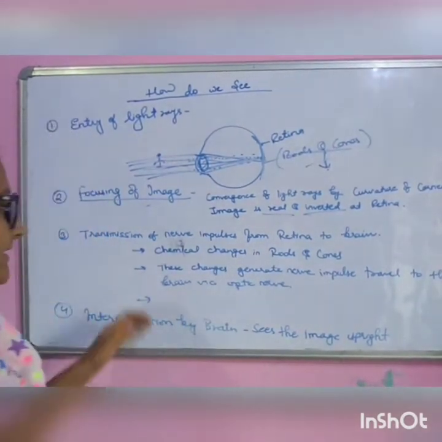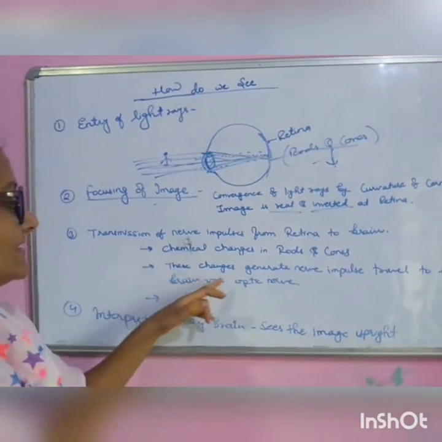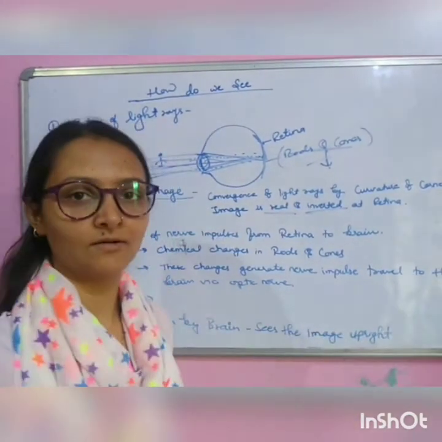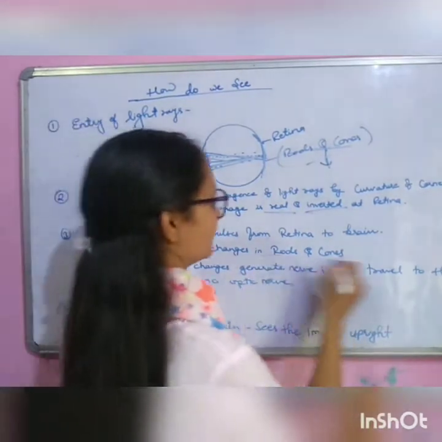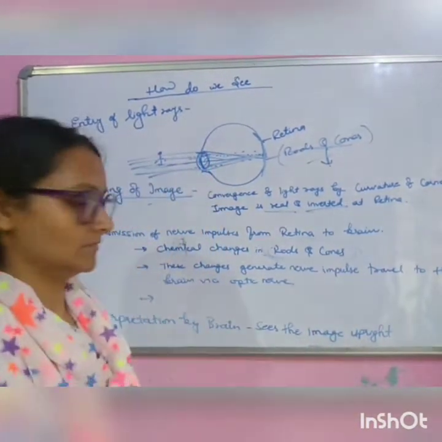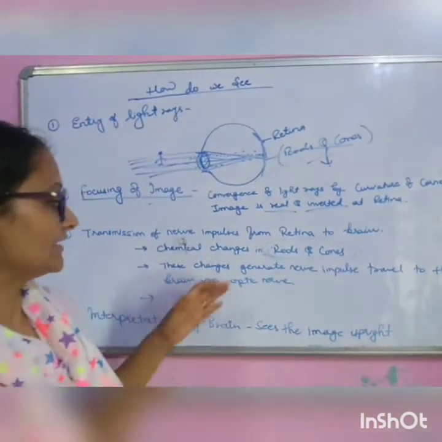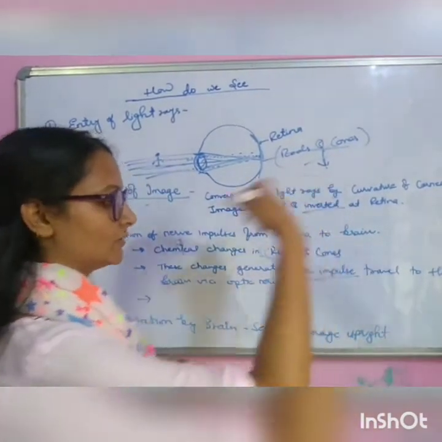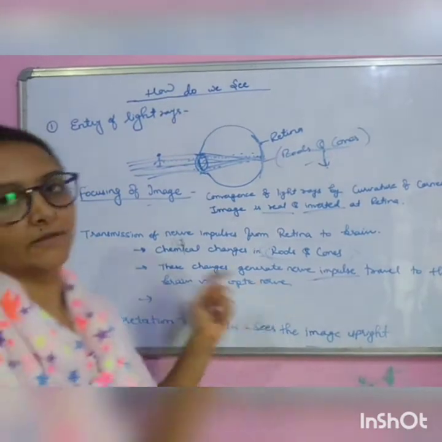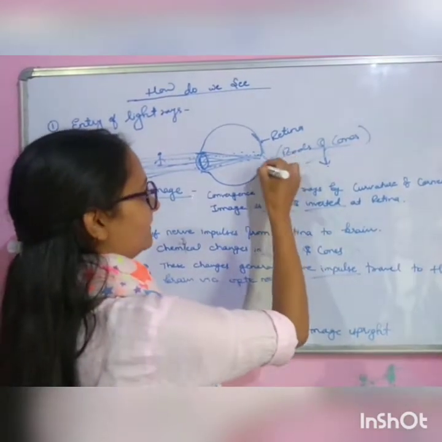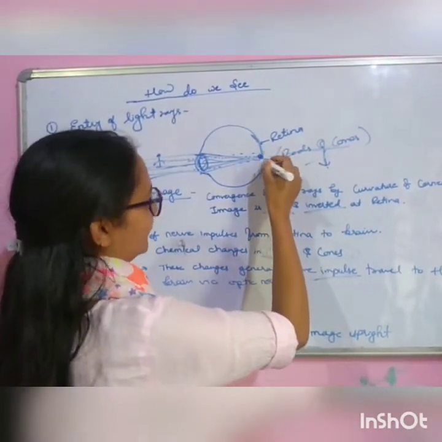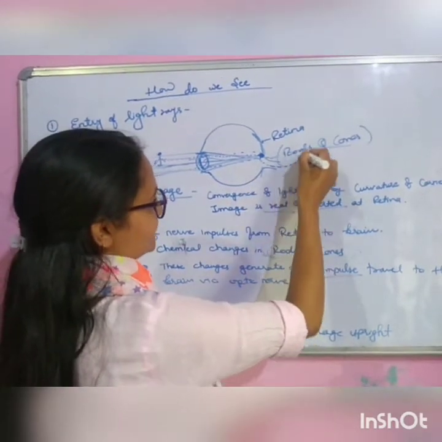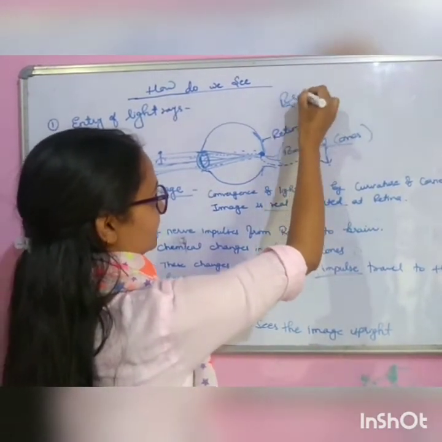Due to this change, a nerve impulse is generated. Because of these two sensory cells producing a chemical change, the nerve impulse is generated and then travels to the brain via the optic nerve. Here there is the optic nerve; the image will form here, and then by the impulse it travels to the brain.